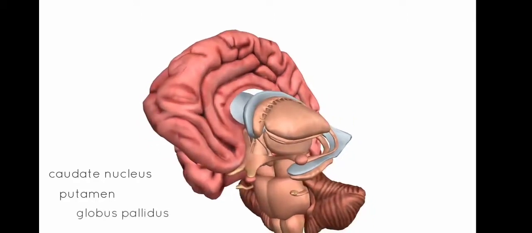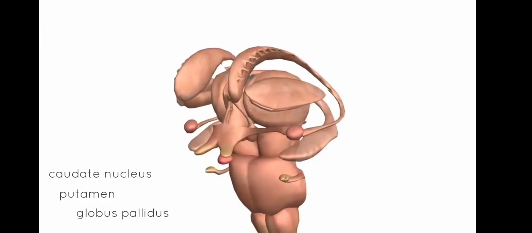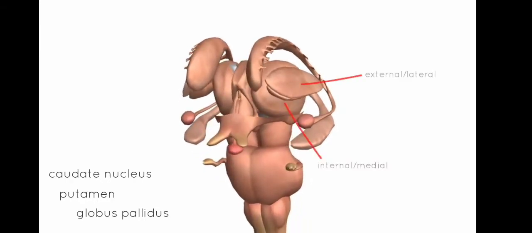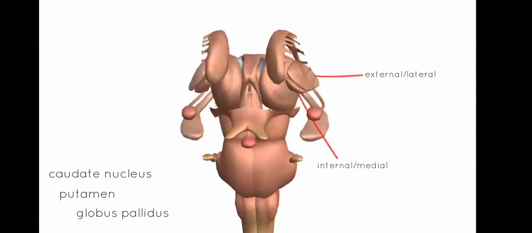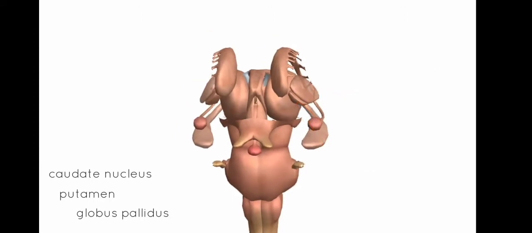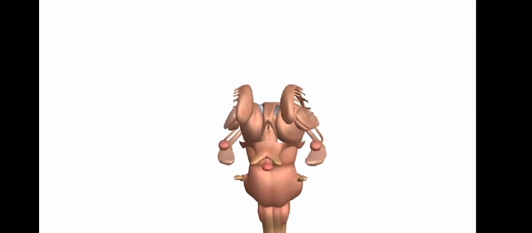and sitting medially now will be the globus pallidus. So here, this is the globus pallidus, which has an internal area and an external area. The internal area is also called the medial area, and the external area is called the lateral area. So they are medial to the putamen.